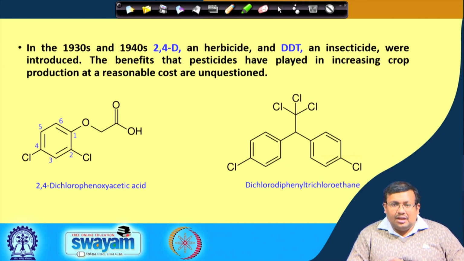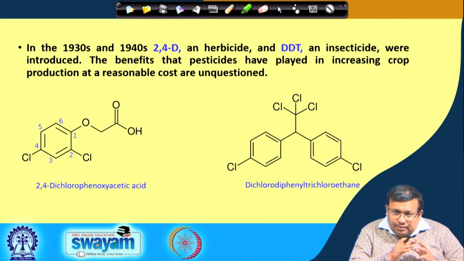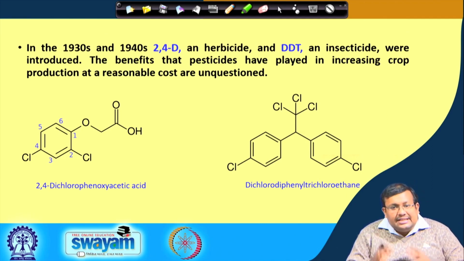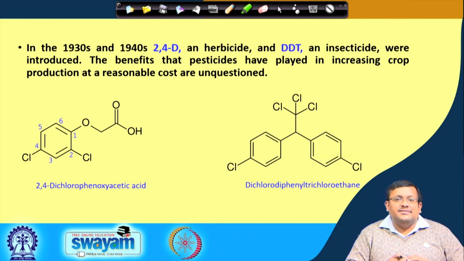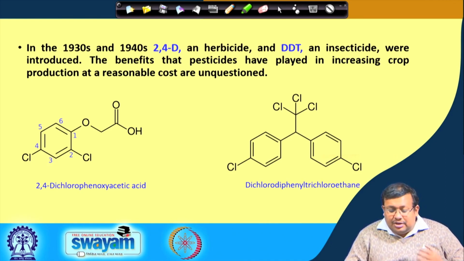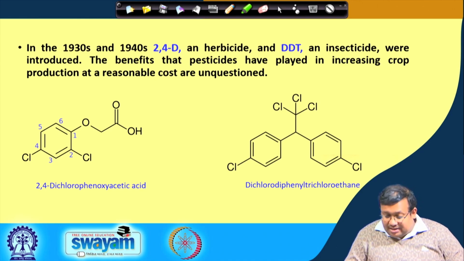However, as time went on, the indiscriminate use of these herbicides and pesticides has contaminated the soil and water and created a huge impact on the environment. So, that is why in most of the countries DDT is now banned because of its high environmental residual impact.